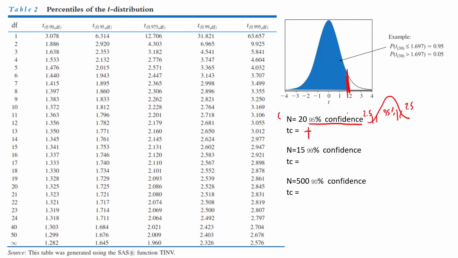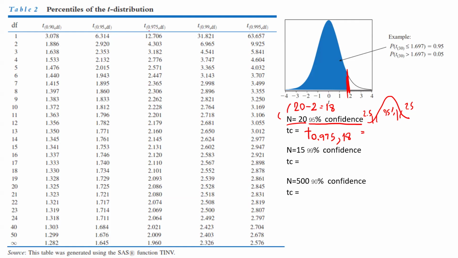It means we have to open this area T 0.975, and you have to minus 2, so n minus 2, 18. Altogether, we have to open T 0.975, 18.